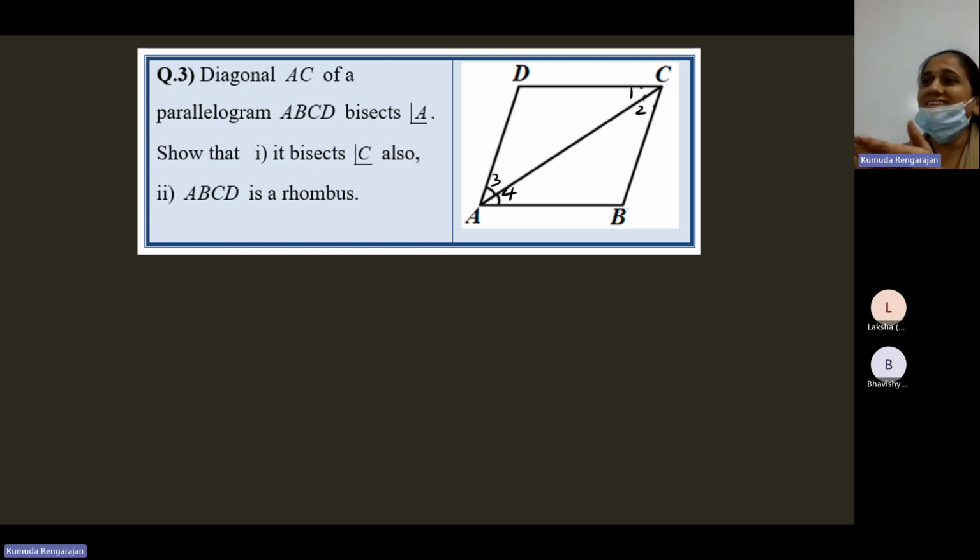AC bisects angle A. That means, use the angles and tell me which are the two angles equal. 3 is equal to 4.